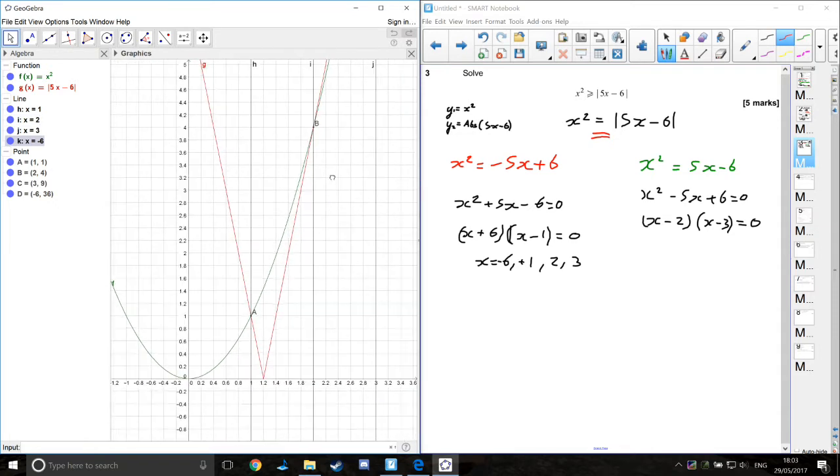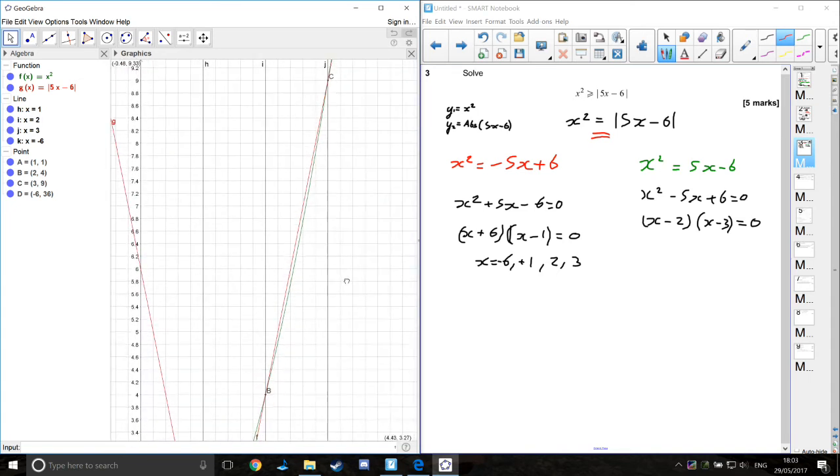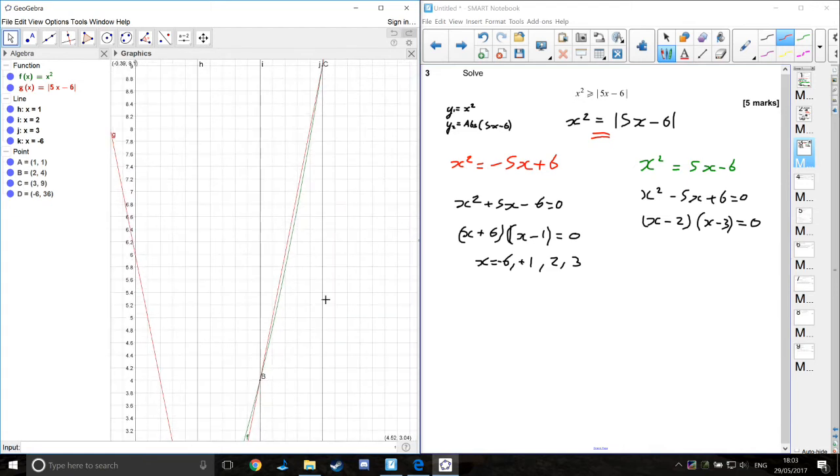There we go. So we've got these vertical lines put in here, just to make it more obvious. So first off, we're looking between 2 and 3 here. As we can see here, the red line is always over the green line. So this isn't true between 2 and 3, so that doesn't count.